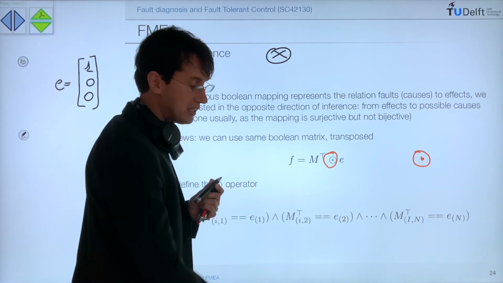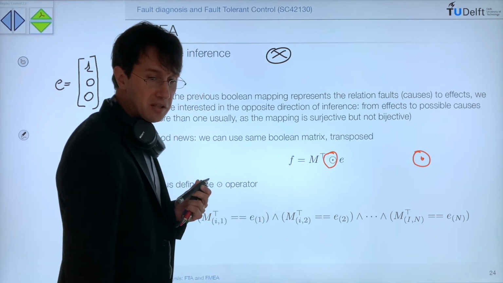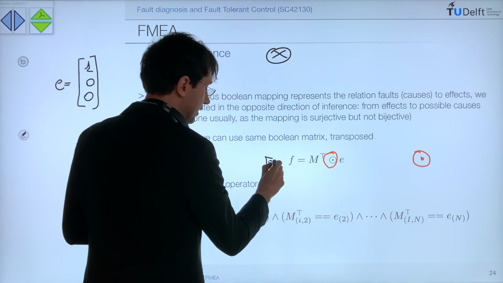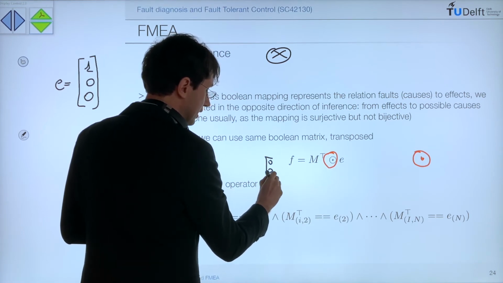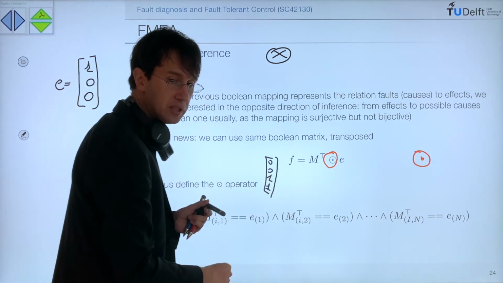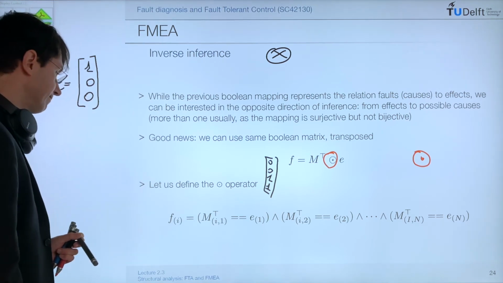And when you do that, and you do this dot product with M transpose, you get a vector F that, again, has some zeros and some ones, and these ones correspond to the faults that explain this effect here.